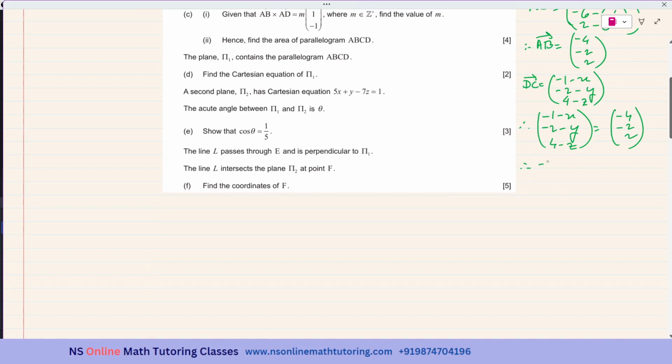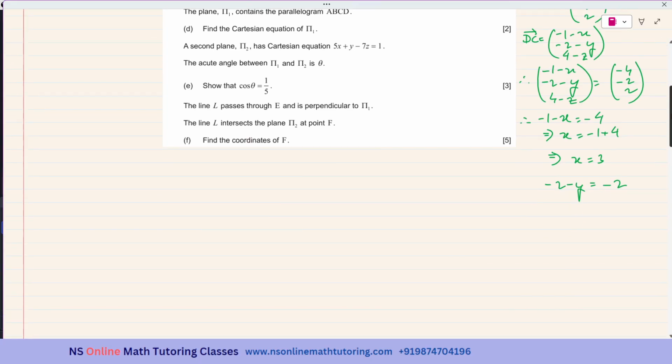Therefore, we will be equating row by row. -1 minus x is equal to -4, or x equals -1 plus 4, that is x equal to 3. Next equation, -2 minus y is equal to -2.